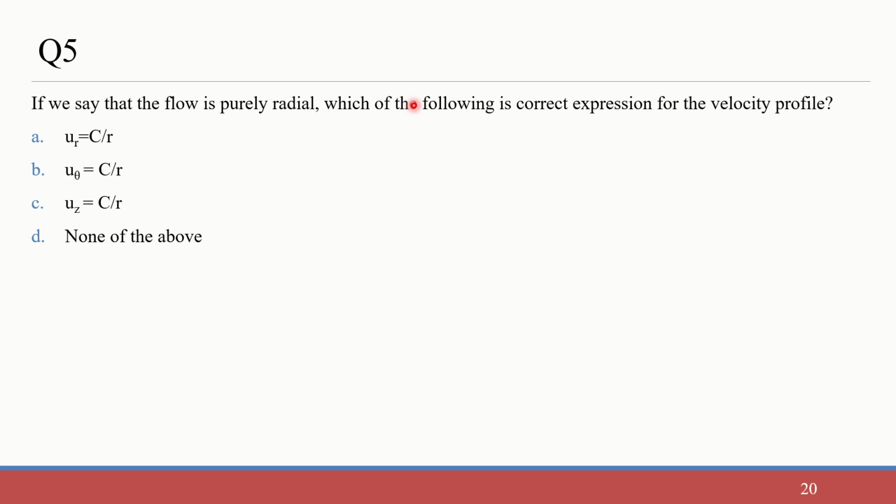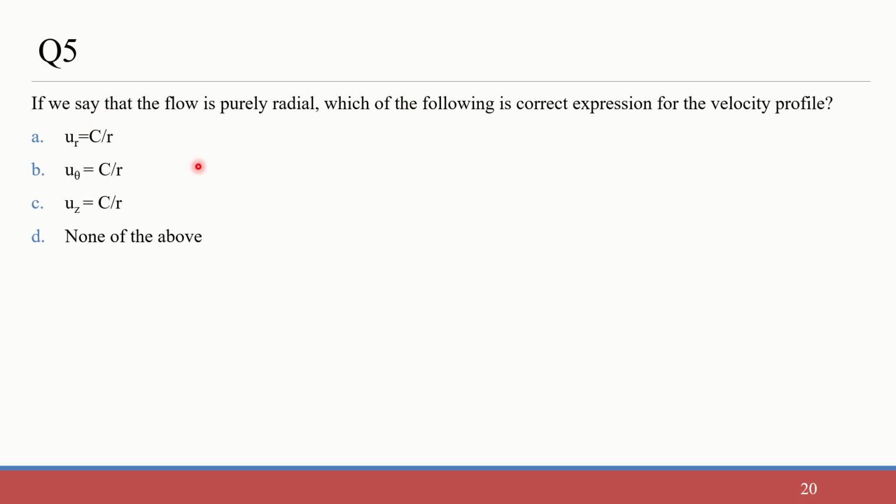So what is given? When we say the flow is purely radial, what does it mean? It means that the ur component is varying with respect to radius, that is, ur is varying in the radial direction. That is what we mean by the flow being purely radial. So option A is the right answer, that is, ur is equal to c by r.